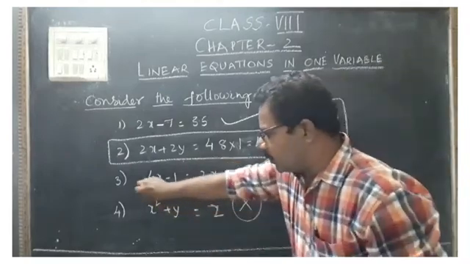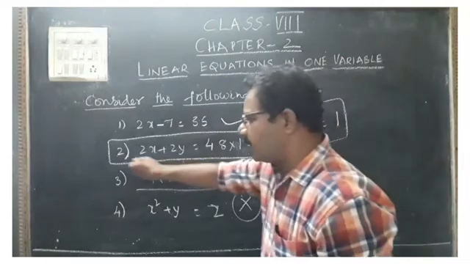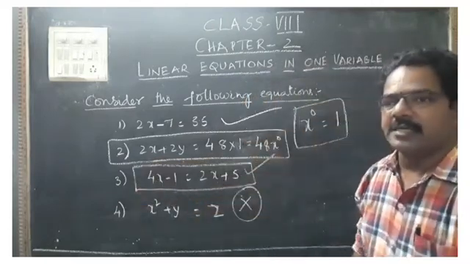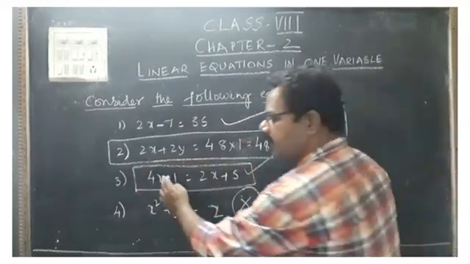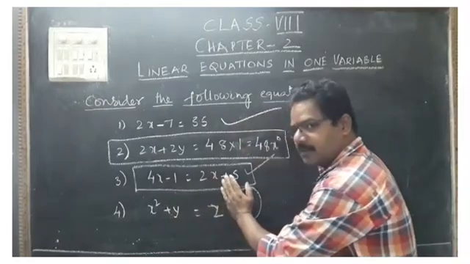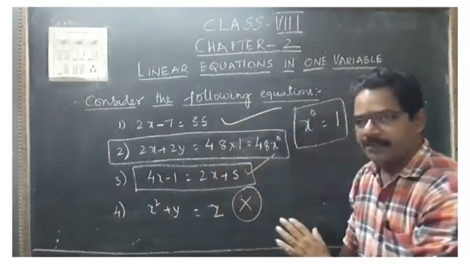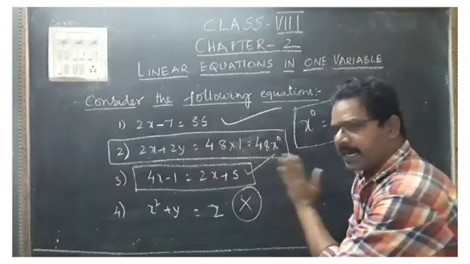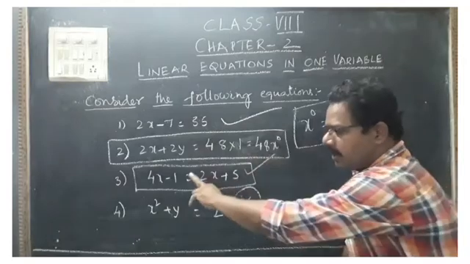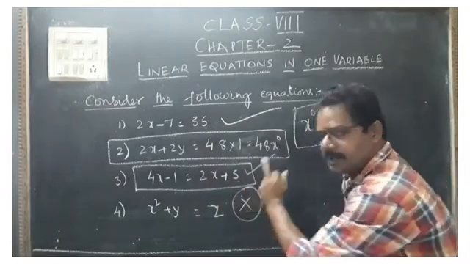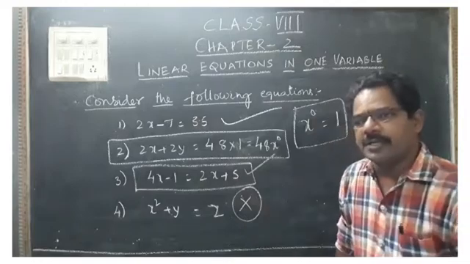Like that here also. Here same variables are there, but on different sides. Different sides means here 4x, here 2x. Understand? Not on one side. Left hand side is one term and right hand side is one term. So here 4x minus 1 and 2x plus 5. This is also a linear equation.